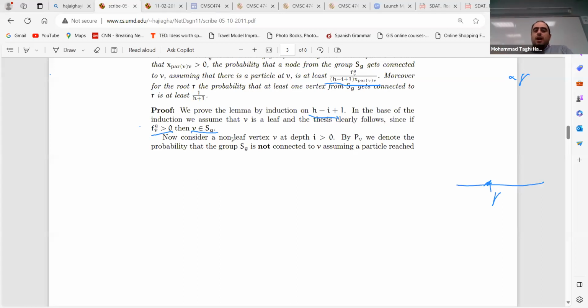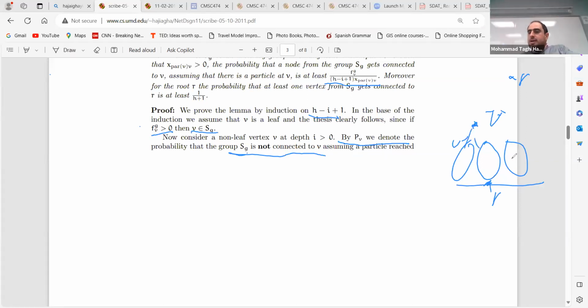Now, assume that I consider a non-leaf vertex V here. I proved this one; by induction, I will prove for the children of V. Now I want to prove it for V by induction. So let PV be the probability that the group SG is not connected to V, assuming a particle reaching V. So if a particle is there, you will continue these things, and it connects.